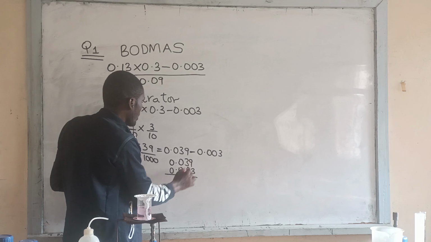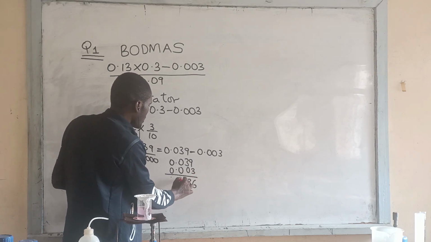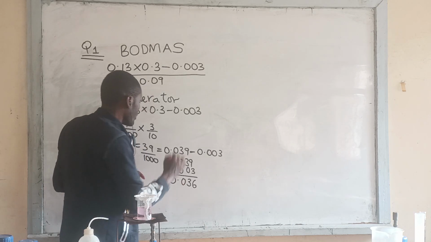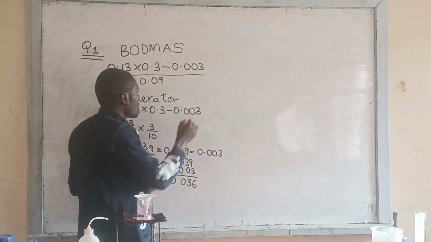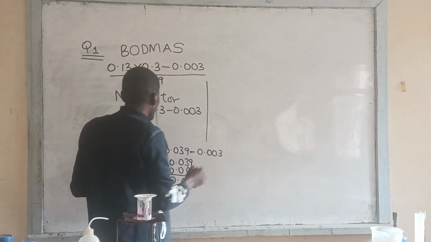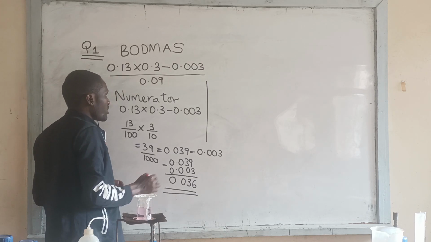That is 9 minus 3 equals 6, 3 minus 0 is 3, and 0 minus 0 is 0. So that gives us 0.036.